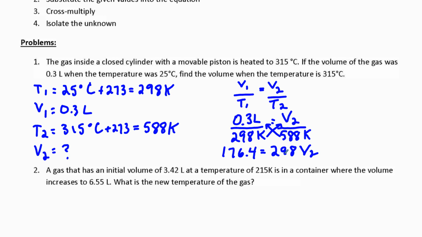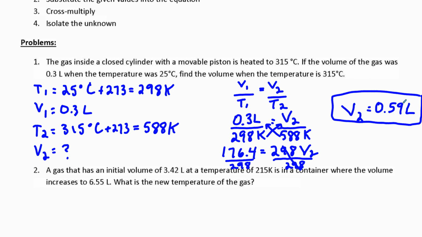So to isolate V2, I'm going to divide by 298 on both sides. So V2 will equal 176.4 divided by 298, which is 0.59. And I'm going to use the same volume unit that I was given, which is liters.